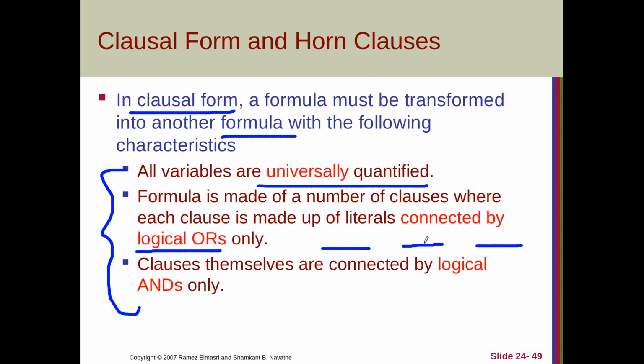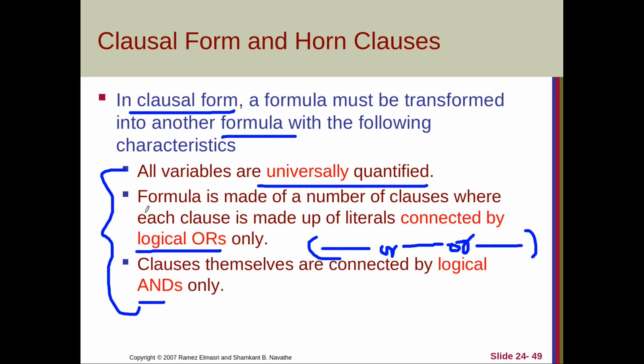If there is no OR available, we must convert the formula so that the literals are connected only by OR. So first make it universally quantified, and second, connect the literals using only the OR symbol. Then third, the clauses themselves are connected by logical ANDs only.